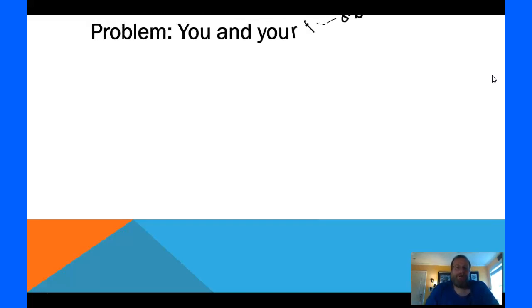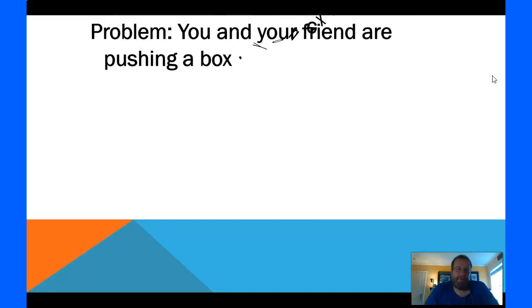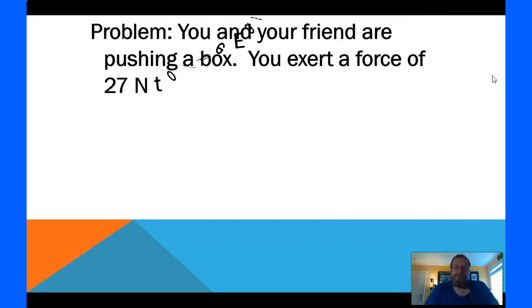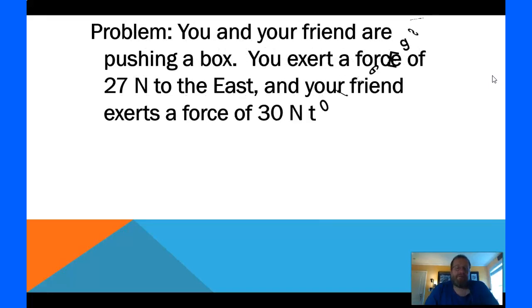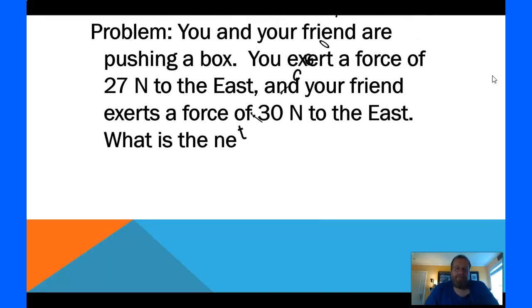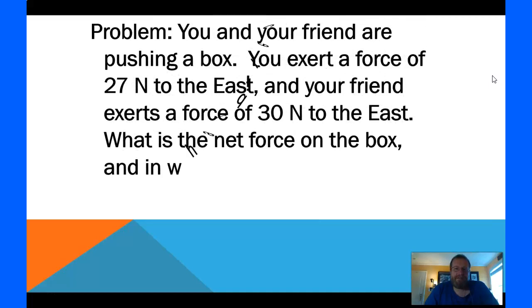Alrighty then. Last problem. You and your friend are pushing a box. You exert a force of 27 newtons to the east, and your friend exerts a force of 30 newtons to the east. What is the net force on the box and in what direction? Pause, figure it out, and come back and check the answer.